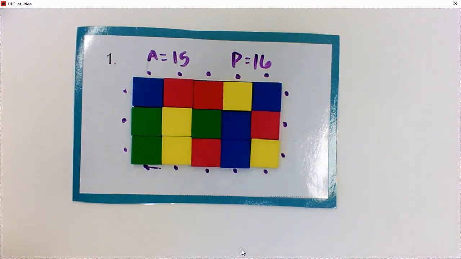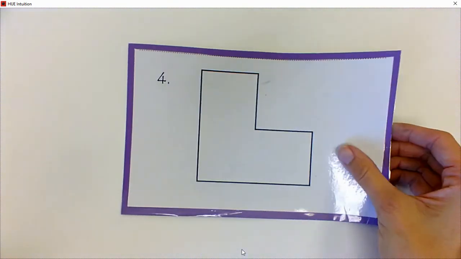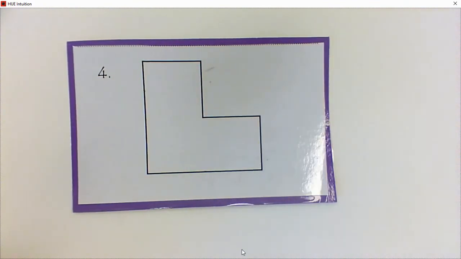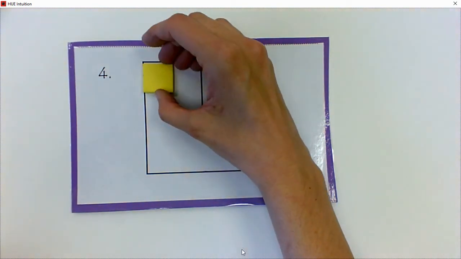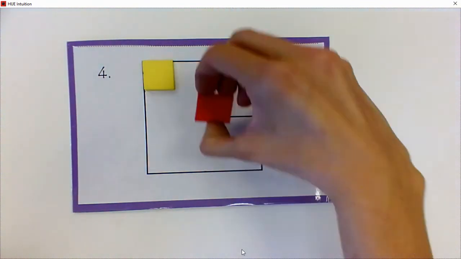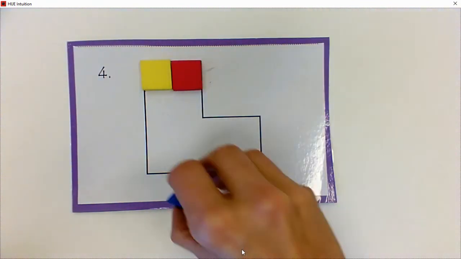Let's try another shape together. This one is not a rectangle. It's what we would call a rectilinear shape because it's a shape that's made out of rectangles. But I can find the area and perimeter of this shape the same way. I'm going to start by filling it in with color tiles like this. How many do I need to fill up this shape?